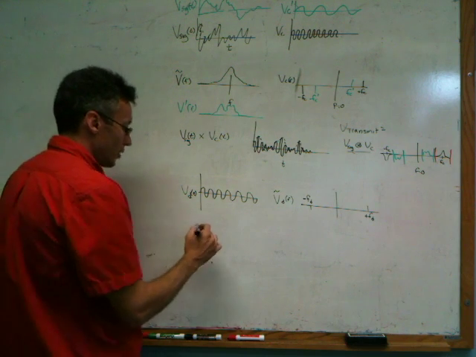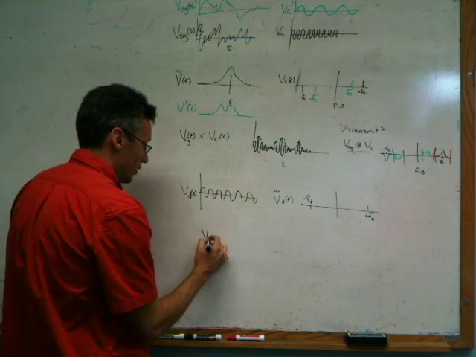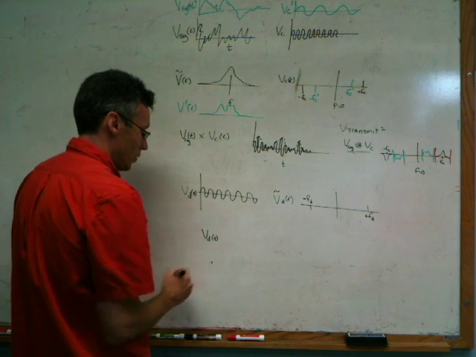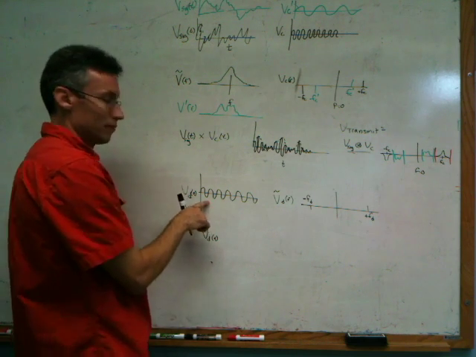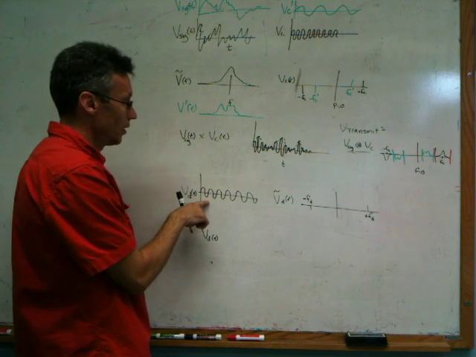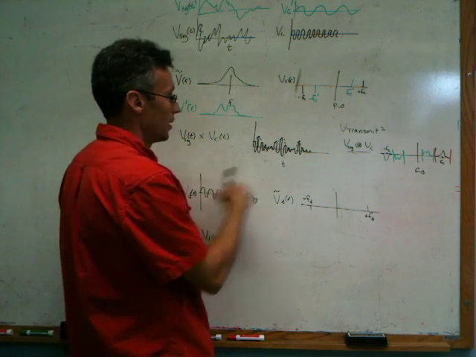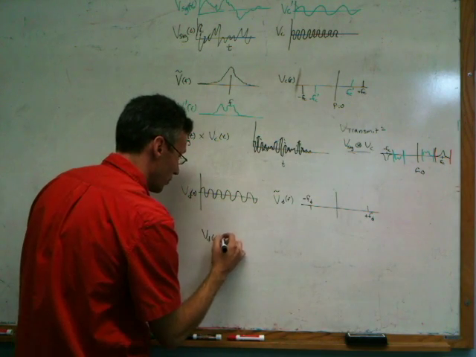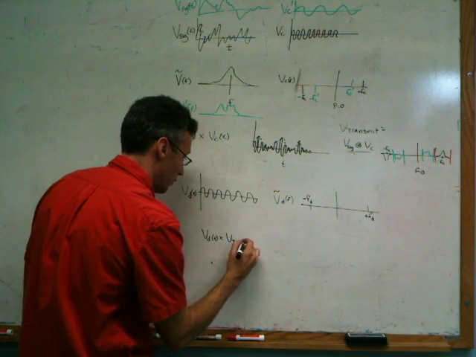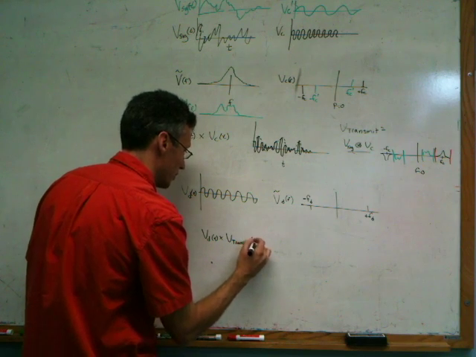So the process of demodulation is just like the process of modulation. We take our demodulation signal and we multiply it by the signal that we're receiving, which I was calling the transmitted signal.